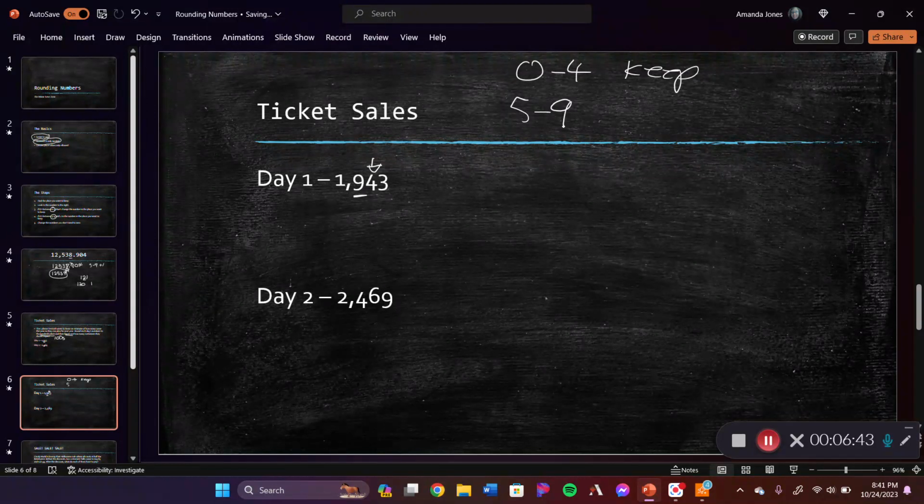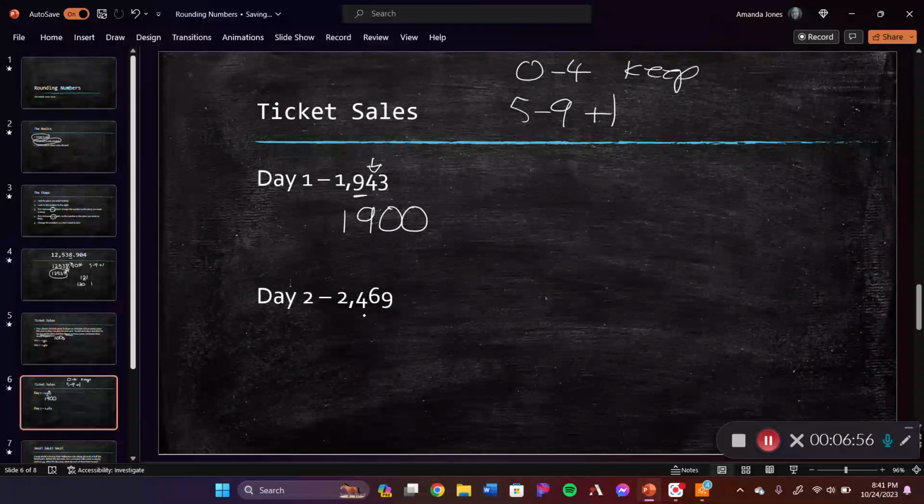And 5 to 9, we're going to add 1. So 4 is in 0 to 4, we're going to keep this. So change the rest to zeros. Roughly 1,900 people came. Let's go to this one. Keep the hundreds place, look to the number to the right. Now pause the video and see what you guys get for an answer.